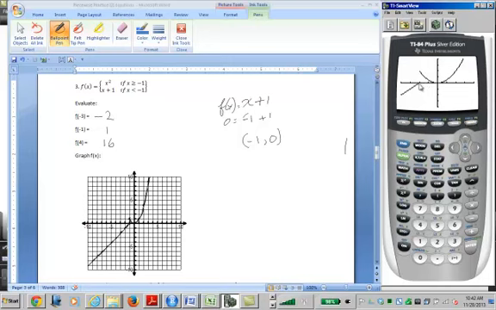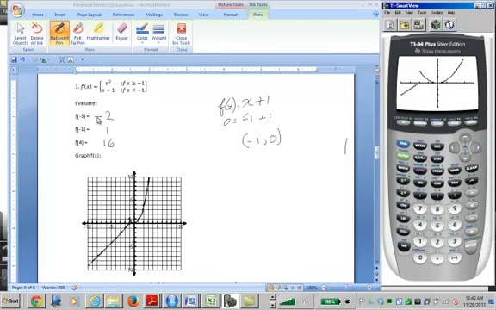Okay, and then here's x plus 1 ending just short of x equals negative 1. So this point right here, there would be an open circle here if the graphing calculator could do it. It would have a solid circle here. Okay, so there's our graph.